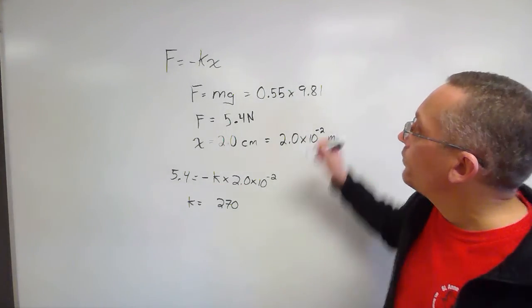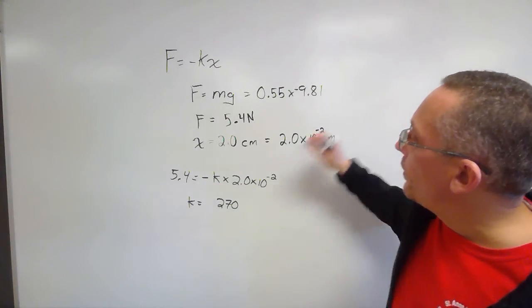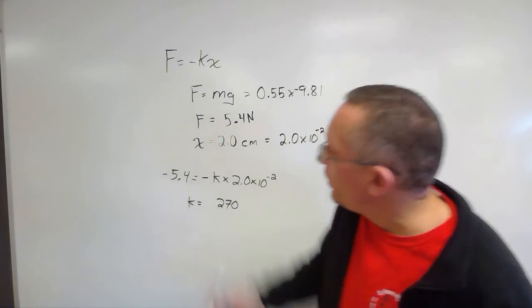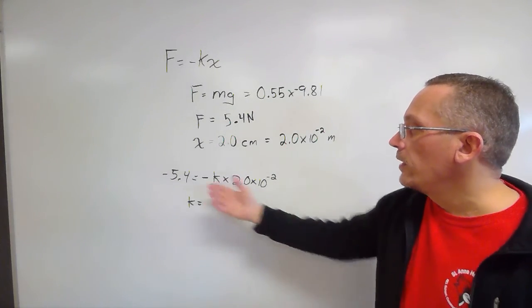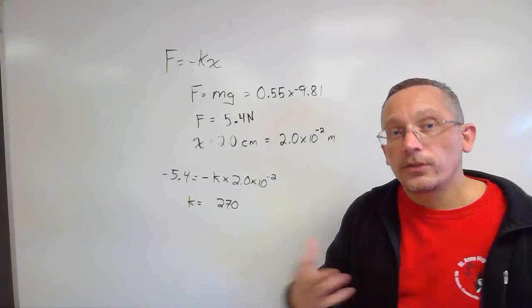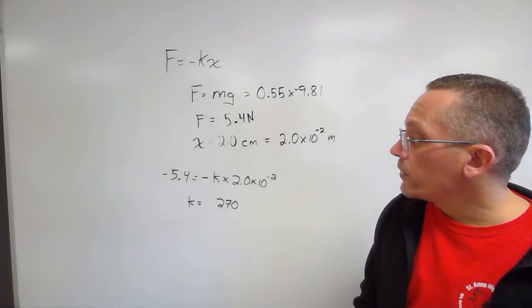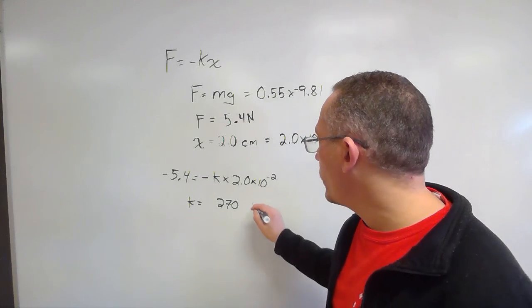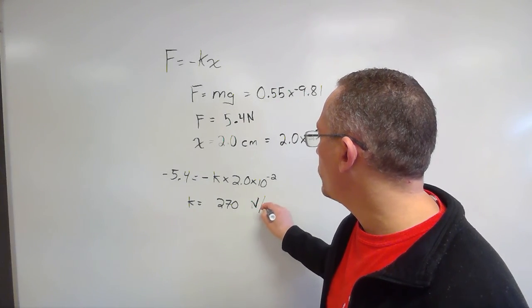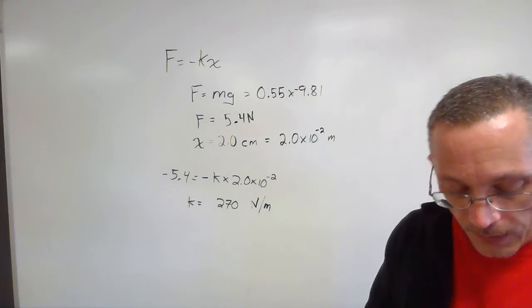Perhaps I should have put them on there, but if I didn't, that's okay. I understand that the spring constant should come out to be a positive number. Now the units for spring constant are newtons per meter. So I'm going to put newtons per meter.